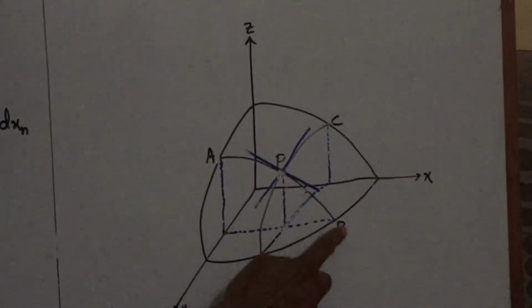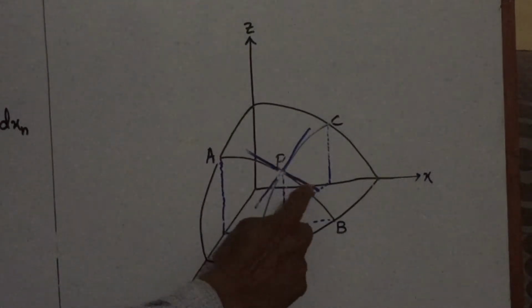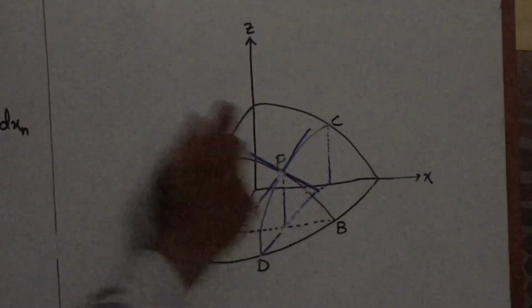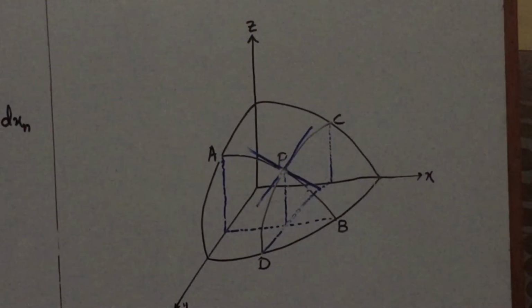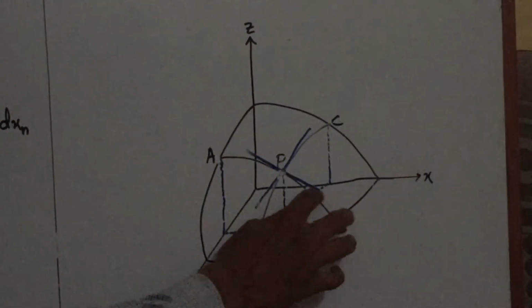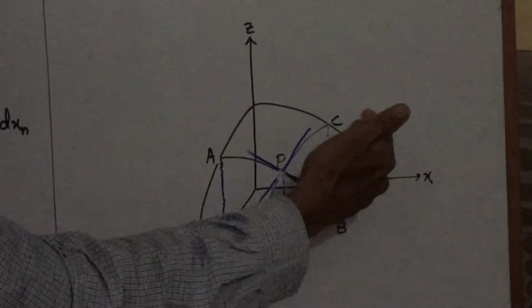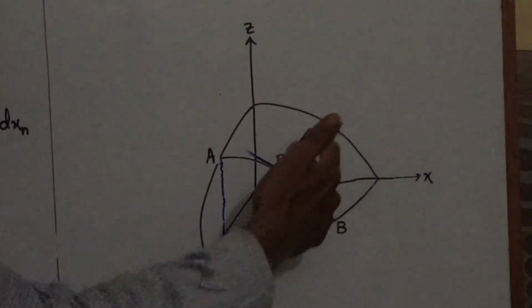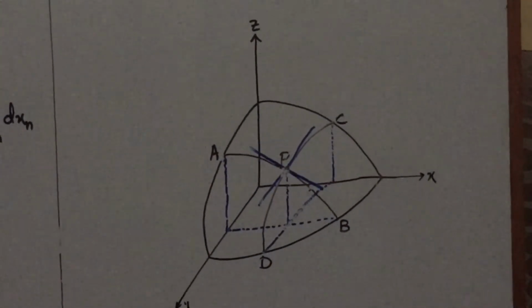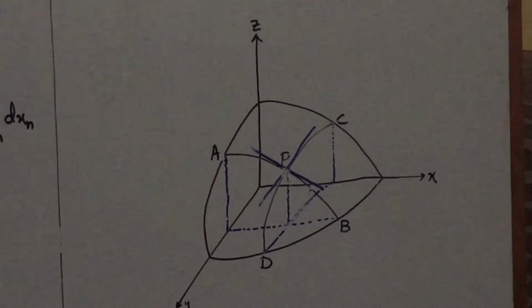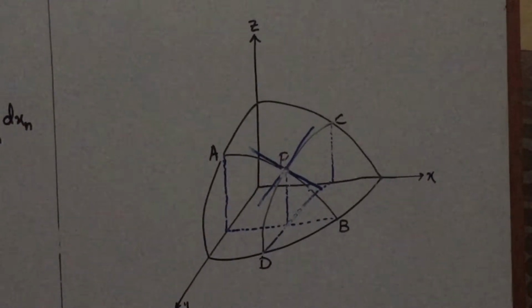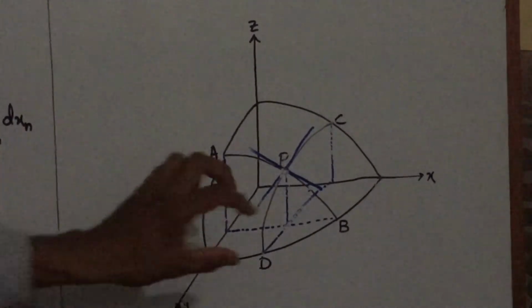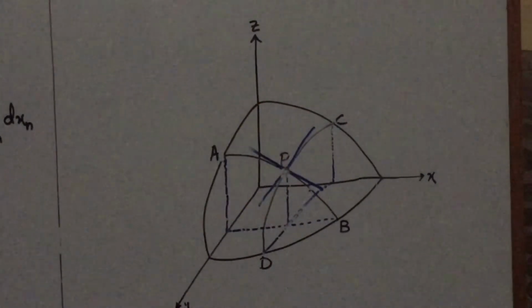So this curve and this tangent line show dou f over dou x, and on the curve CPD, this slope line shows dou f over dou y. So the total change is here, dz.